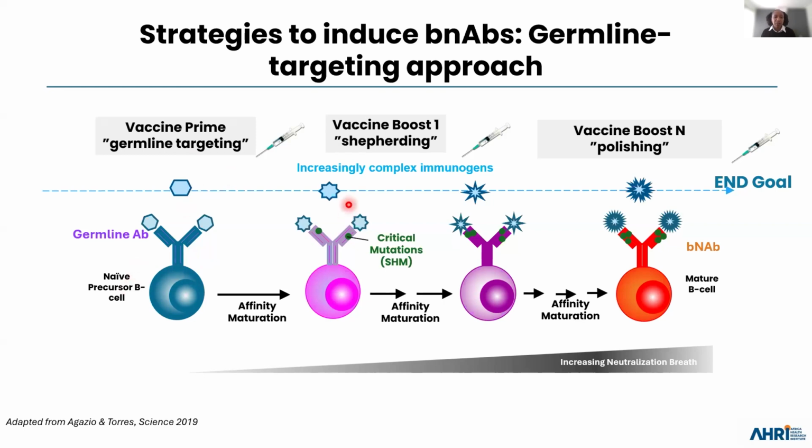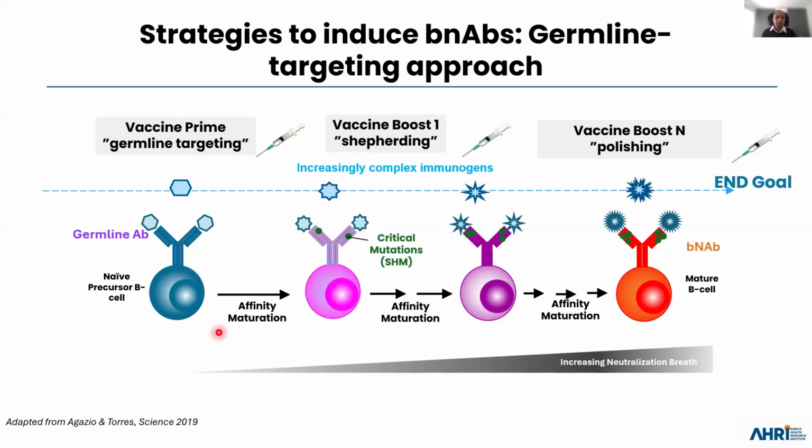Then after that, we bring in a series of other engineered immunogens that have got increasing complexity. And using those immunogens, we want to guide the starting B cell into producing mature, long-lived, broadly neutralizing antibodies.